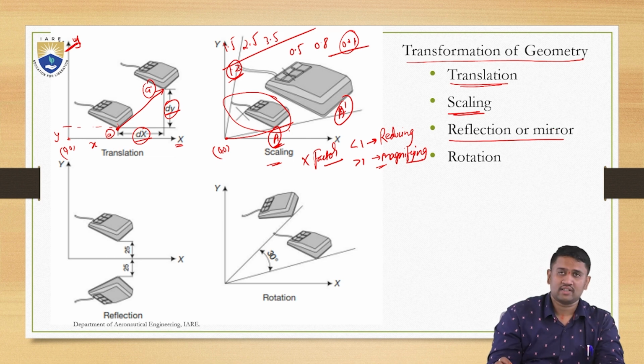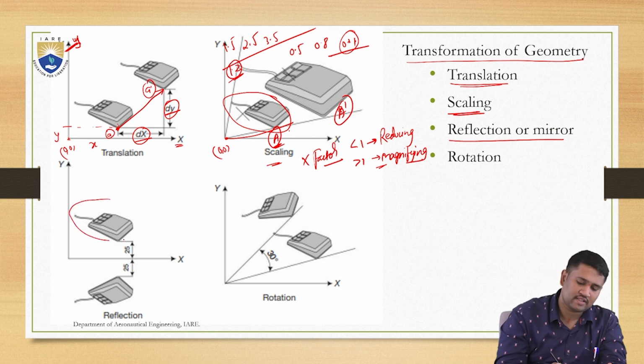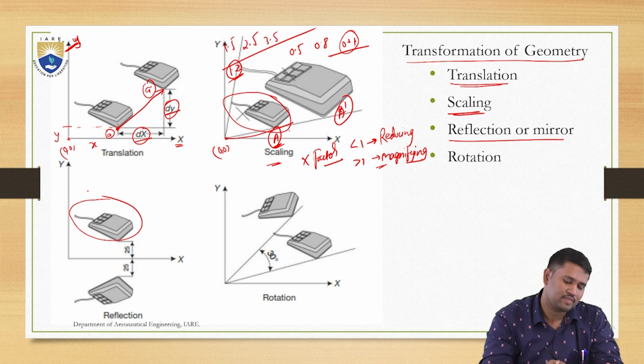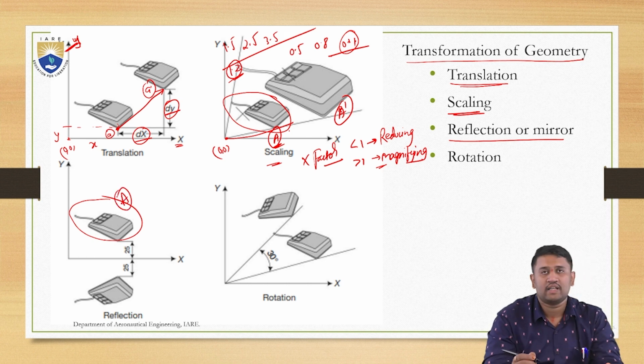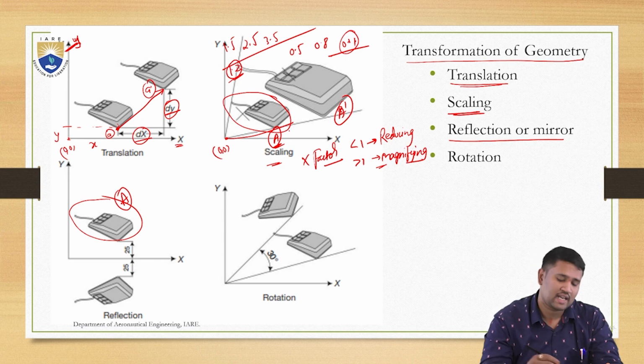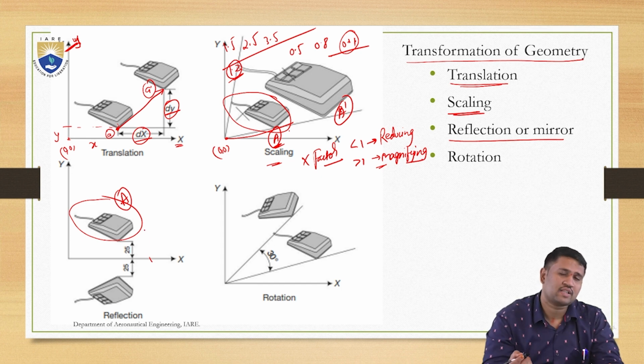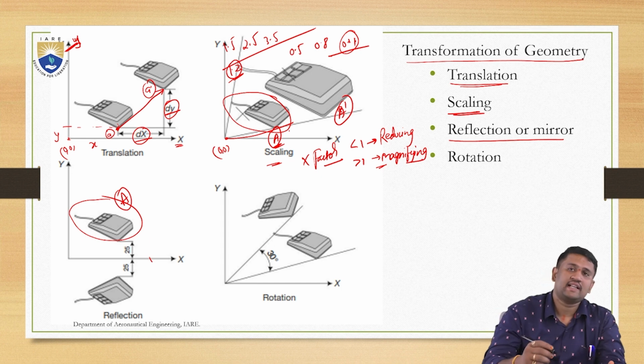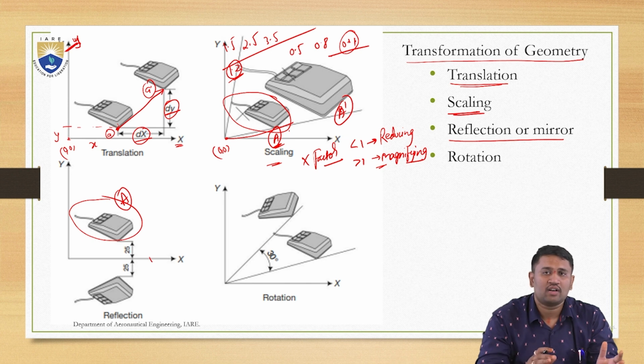Under reflection or mirror, if you are considering an object, an object A, wherever the object lies, it can be on the line, away from the line, or at a certain distance specified to some object. It gets copied or it gets reflected back from an axis common to both.